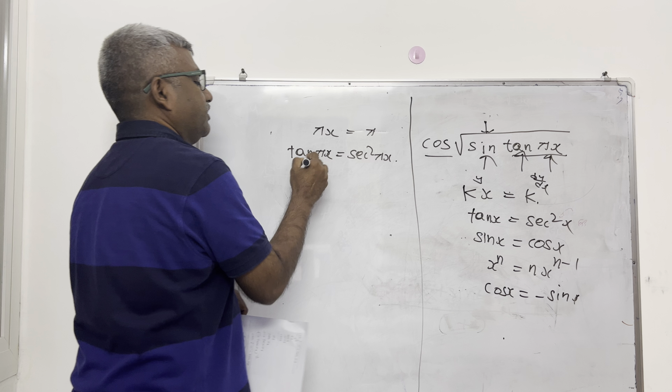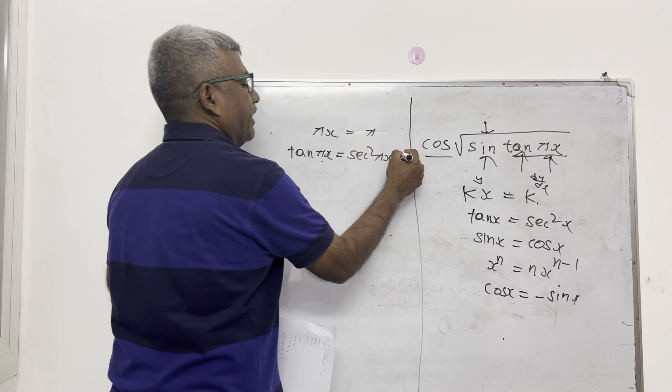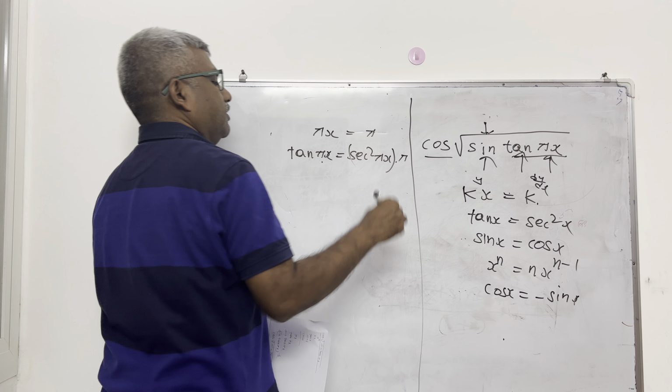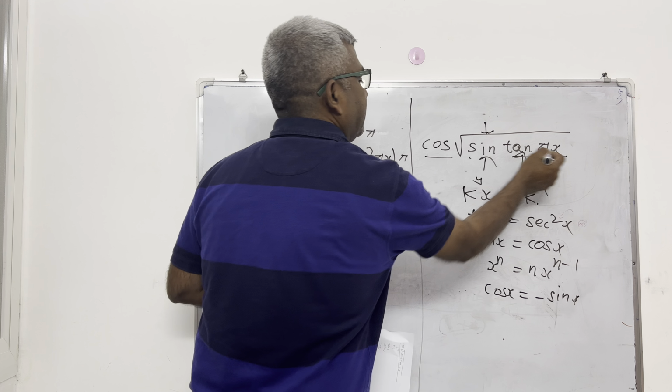Okay. Now we will go step by step. Before that, I will first come here. Pi x, if you differentiate, what will come? Pi only. Tan pi x, if you differentiate, secant squared pi x, then one chain pi. Okay. Then sin tan pi x is equal to, what is sin x differentiation?